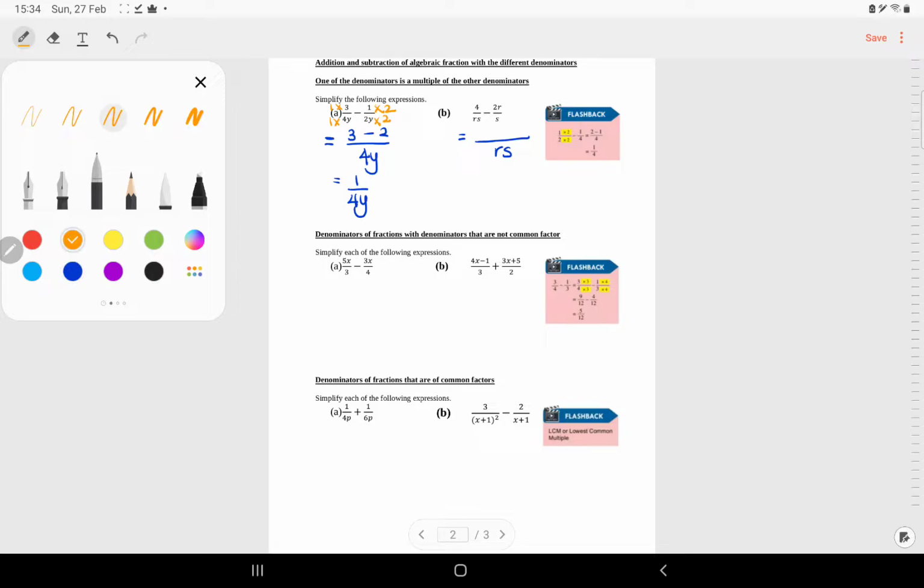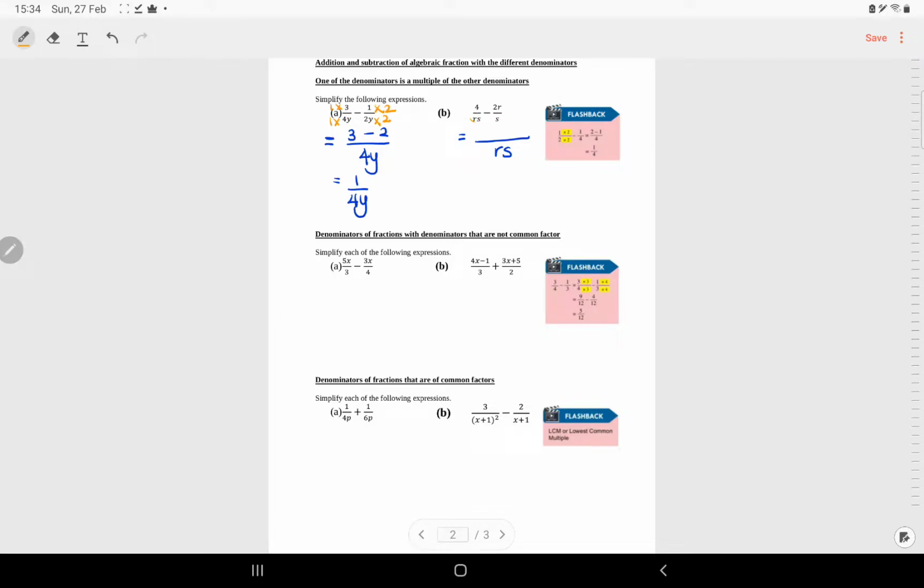Now we want both denominators to be rs. Well, this is already rs, so I will just multiply it by 1. And s here I will need to multiply by r to make it rs.